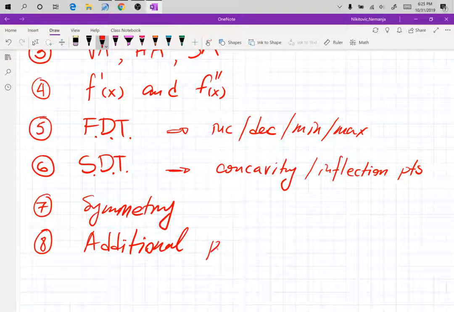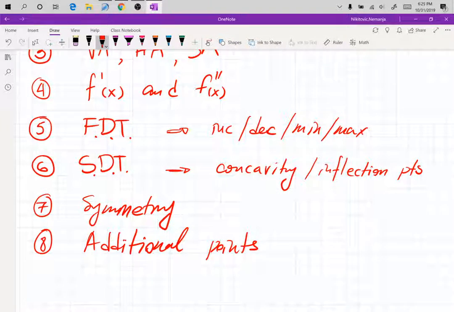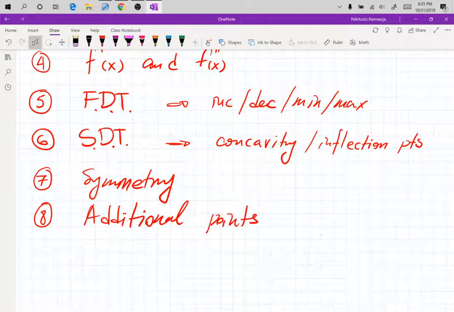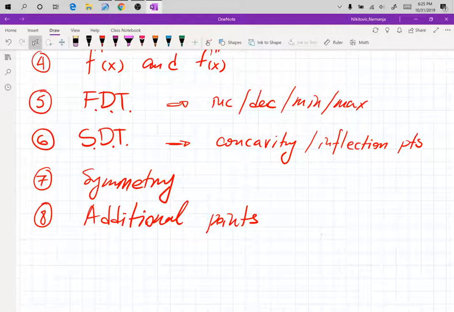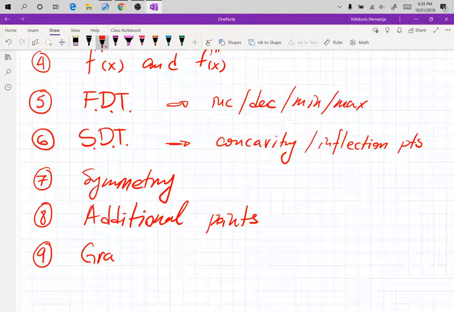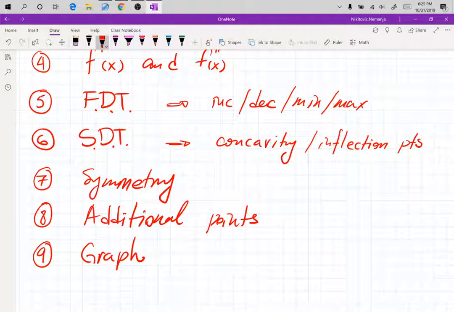And that's only if you don't have enough information from the previous stuff, right? Previous bullet points. And we'll put at number 9, graph, which is you drawing the graph.